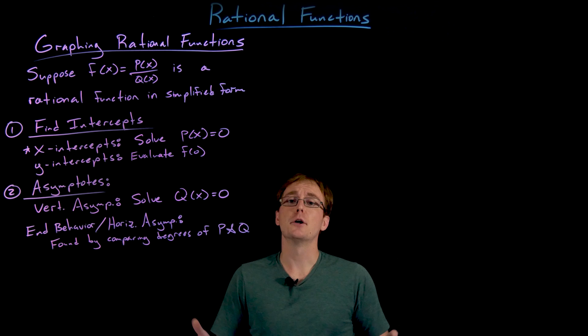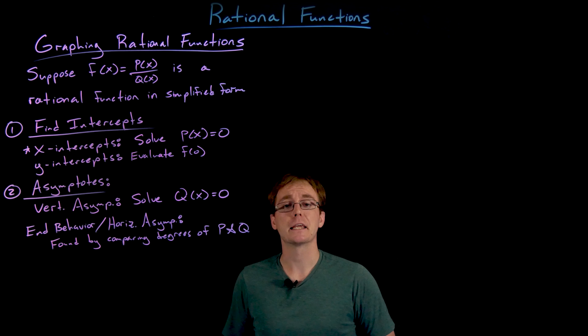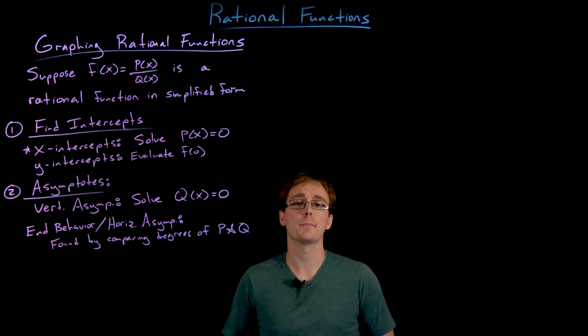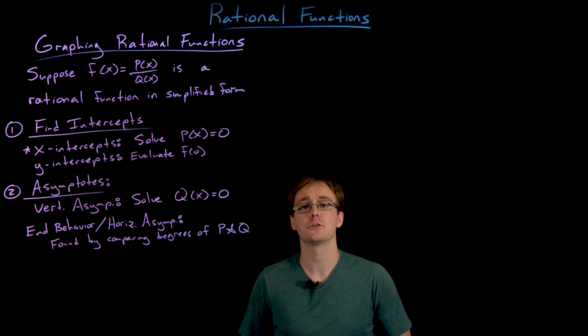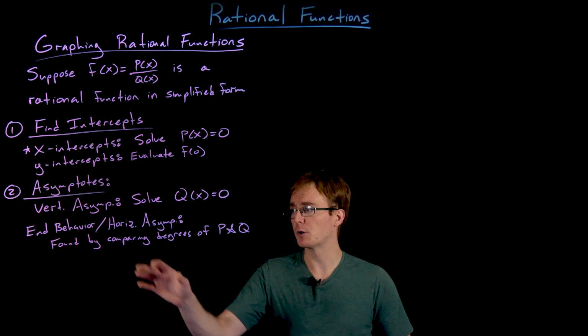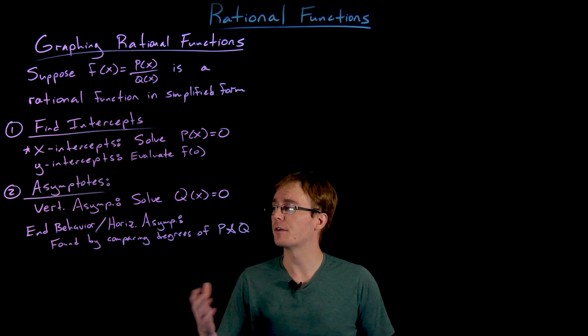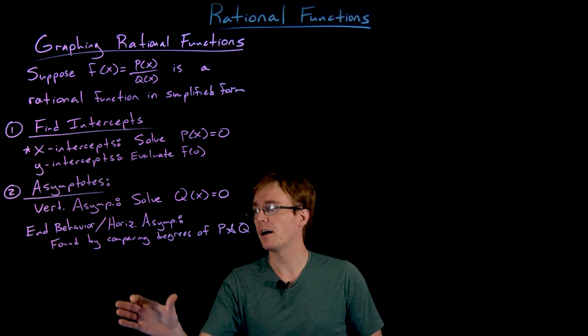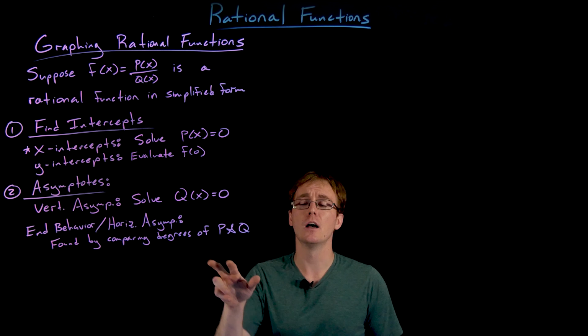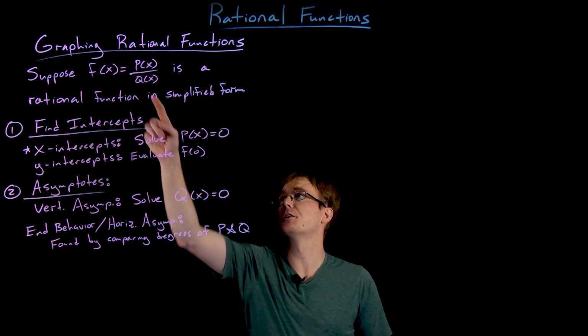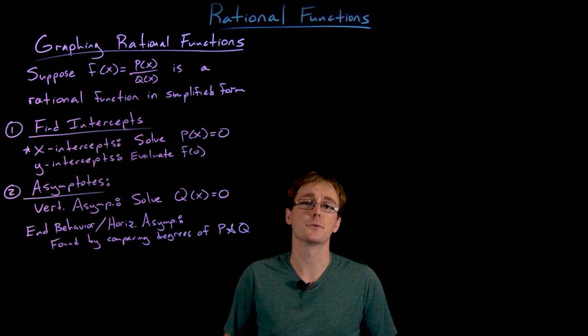We're not going to re-go through that analysis or recopy those 3 cases down. You can just go back to our previous video to see that. But we want to remember, the end behavior or horizontal asymptote of a rational function is always found by comparing the degrees of p and q together, the degree of the numerator compared to the degree of the denominator.